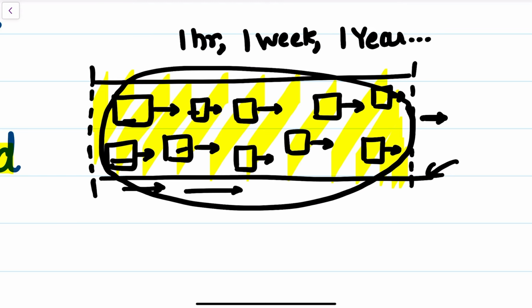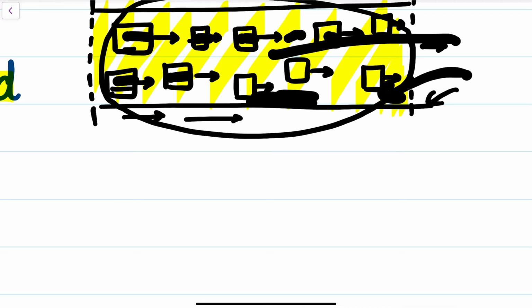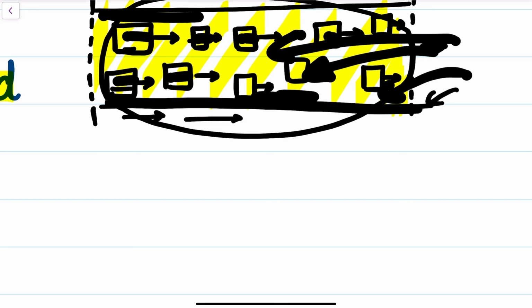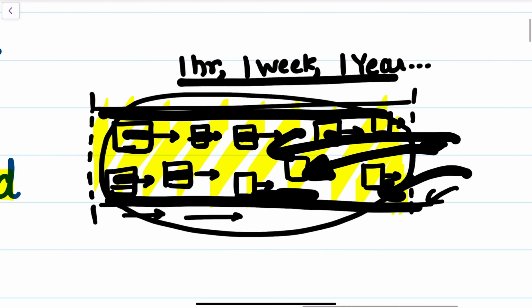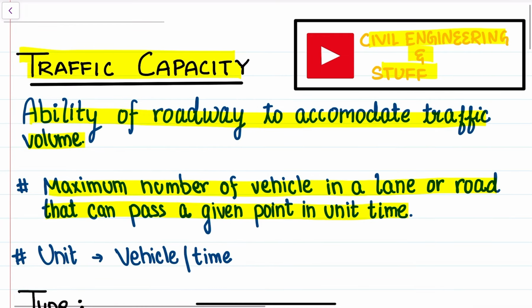So the maximum number of vehicles, the maximum traffic volume that this road can accommodate in the specific time of study, is called the traffic capacity. Again, let's look back at the definition. It is the ability of a roadway to accommodate traffic volume.